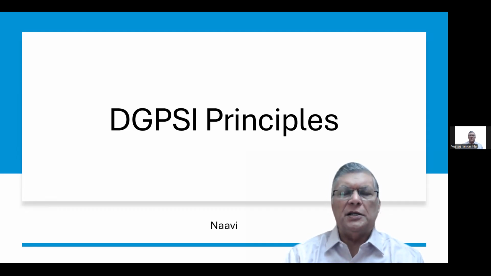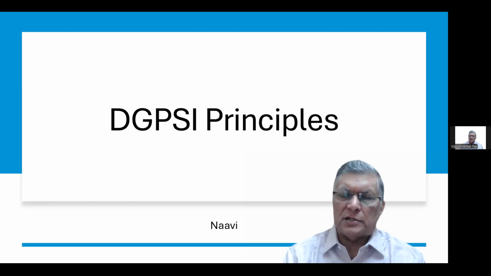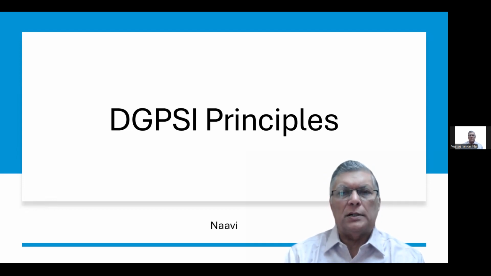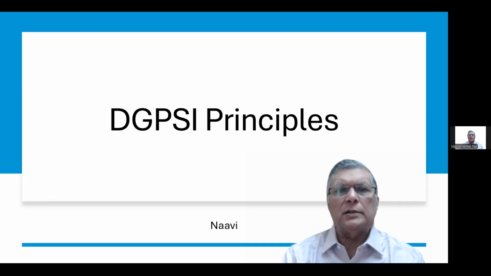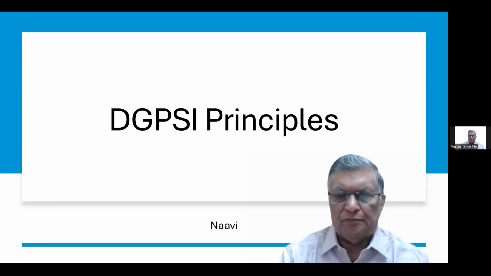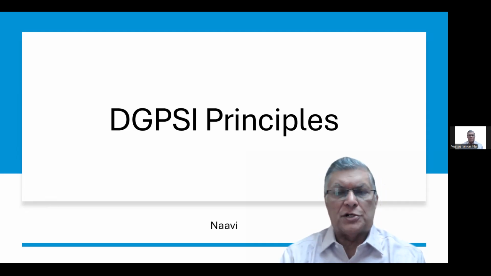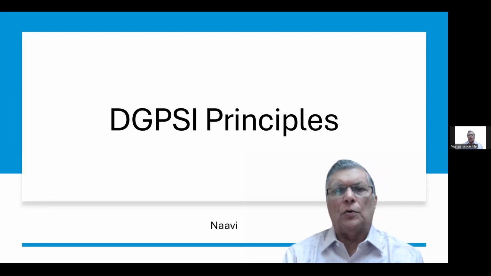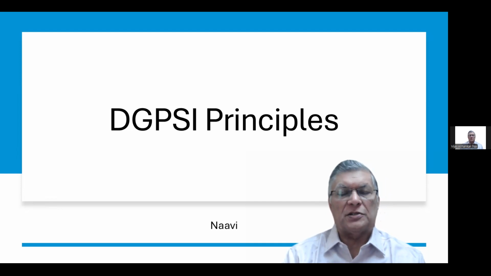As you are aware, DGPSI is Data Governance and Protection Standard of India. This is a framework for the purpose of compliance to the Indian Data Protection Act called Digital Personal Data Protection Act 2023 or DPDPA 2023. When we released DGPSI as a full version, we covered not only DPDPA but also the requirements of ITA 2000, Information Technology Act 2000, to the extent it refers to the personal data protection.